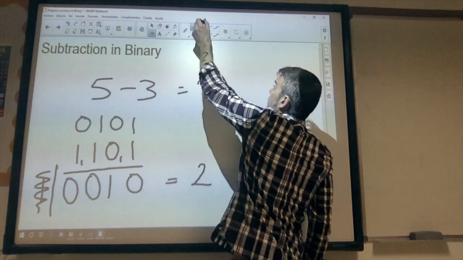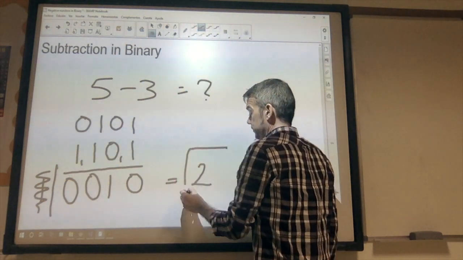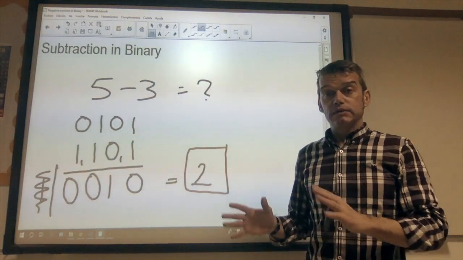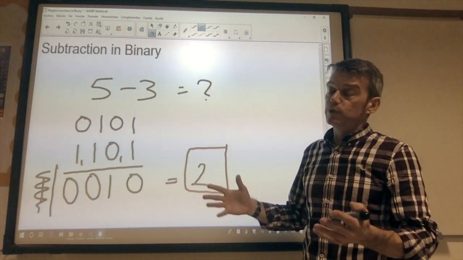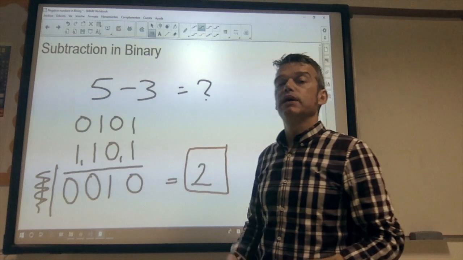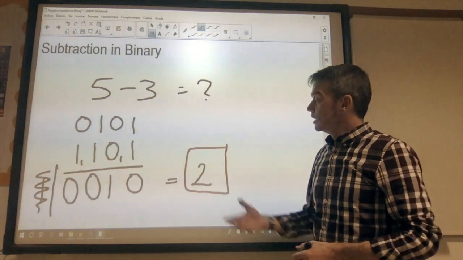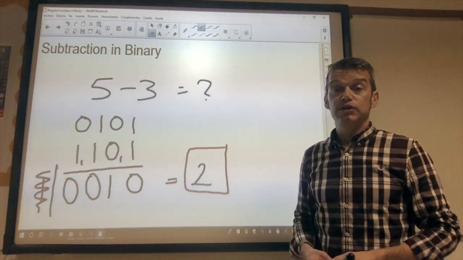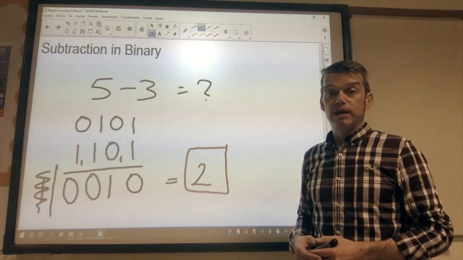So that gives us the correct answer. And that is how we would subtract: we add a negative number in binary to perform subtraction in the binary number system, using the 2's complement method.